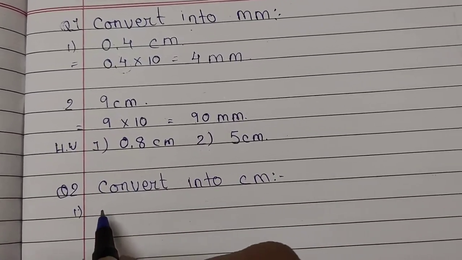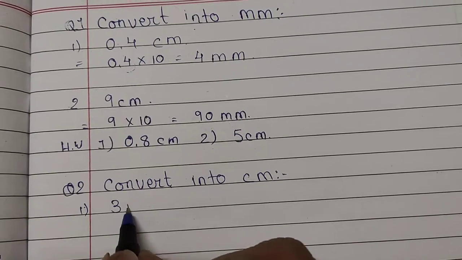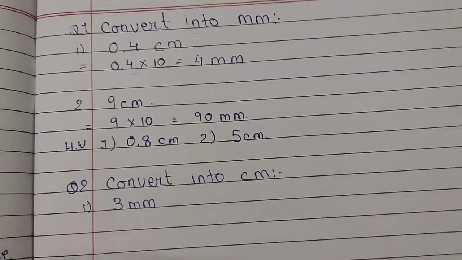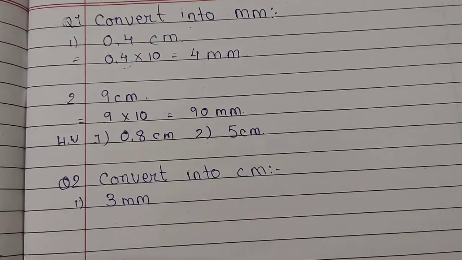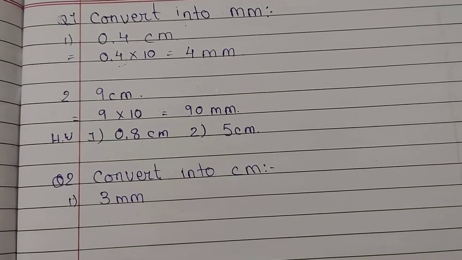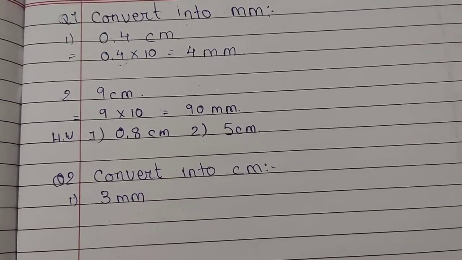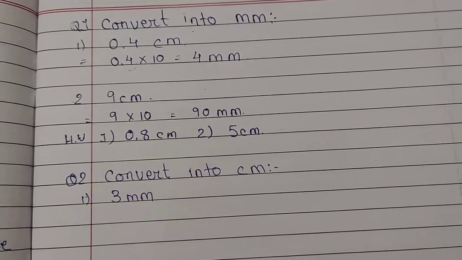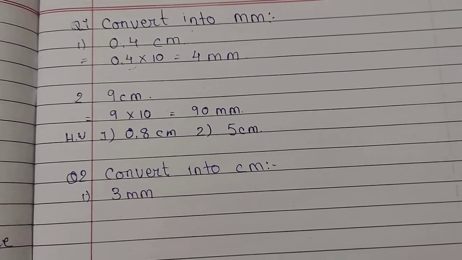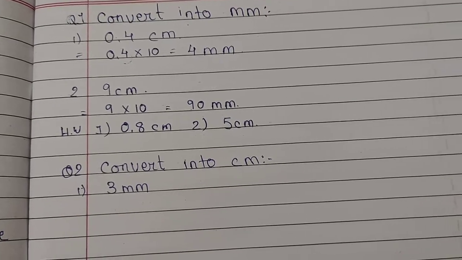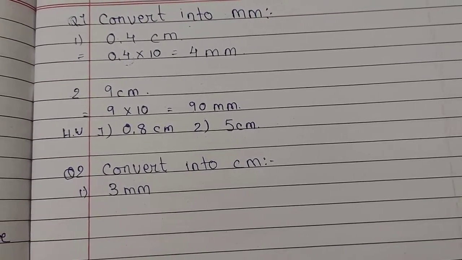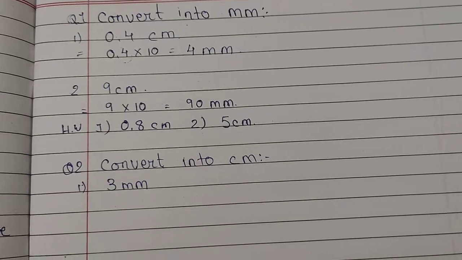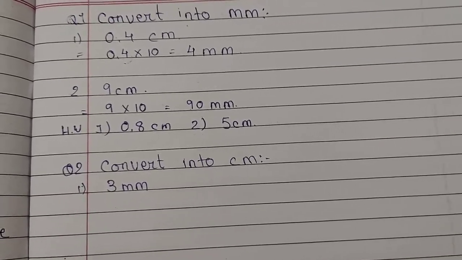The first is 3 millimeter. We are supposed to convert 3 millimeter into centimeter. As I have taught you, directly also we can convert it into centimeters. If it is only 3 millimeters, then we know that 3 millimeters is equal to 0.3 centimeter. But how to solve it systematically, that we will learn here.